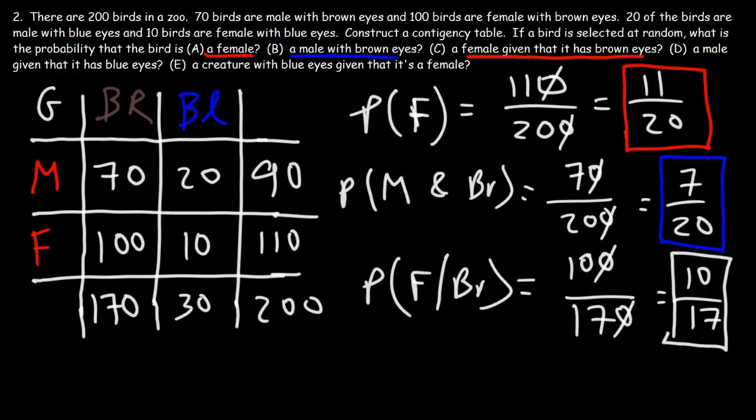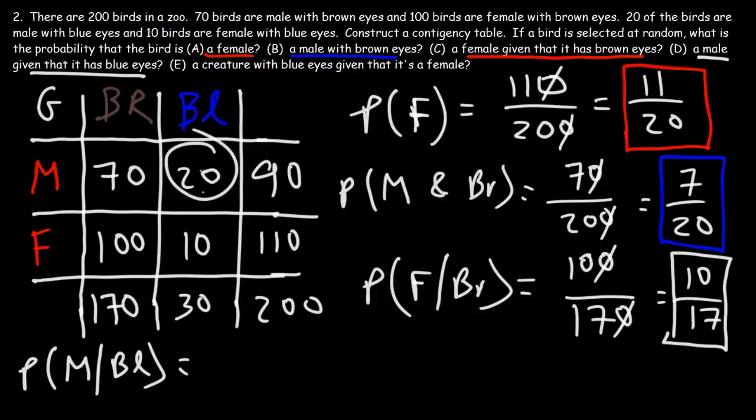Now let's move on to part D. What is the probability that the bird is a male given that it has blue eyes? So what's the probability of M given BL? So how much of M is in BL? There's 20 of M and 30 of BL.